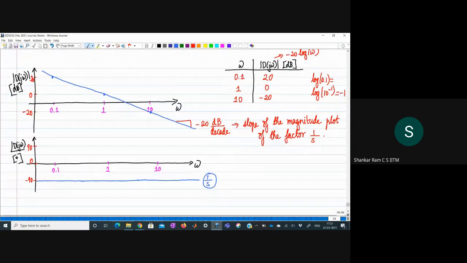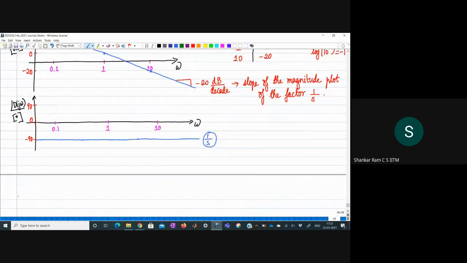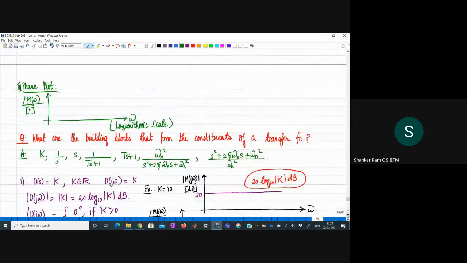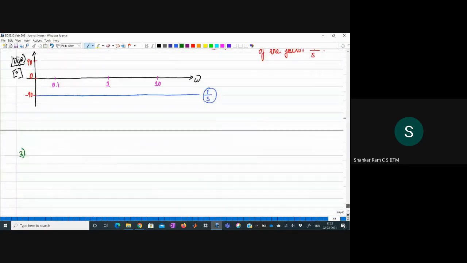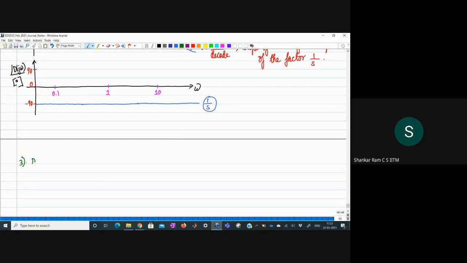So I'm going to immediately answer this question by considering the third factor. What is the third factor that we are considering? If you recall, it is the derivative block. Looking at how I wrote the factors, I'm using D of S. So now if we substitute S equals j omega, I have only j omega.